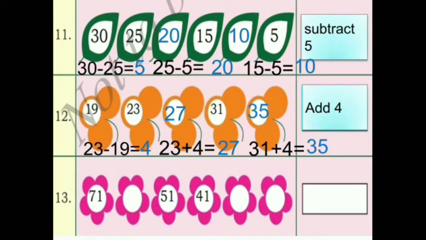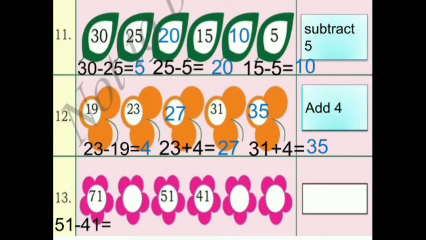See the next question. 71, dash, 51, 41, dash, dash. To find out the missing number, we should subtract 41 from 51. What is 51 minus 41?